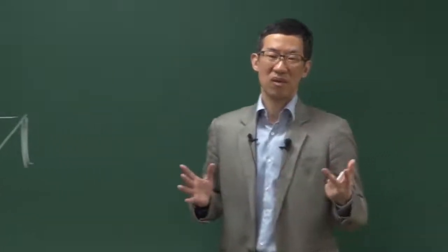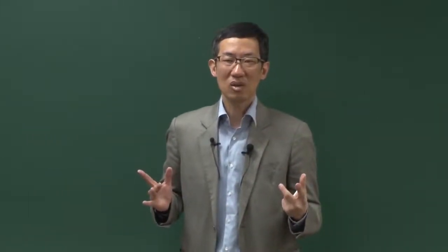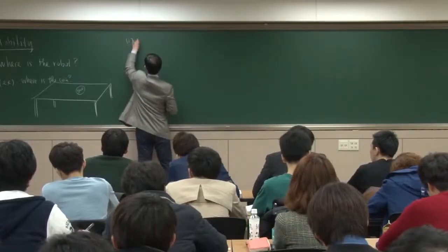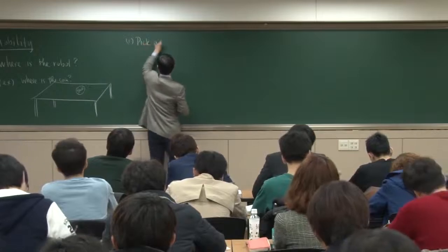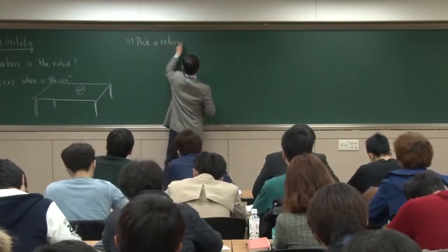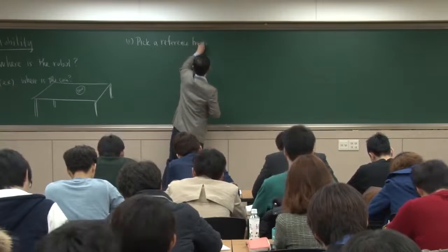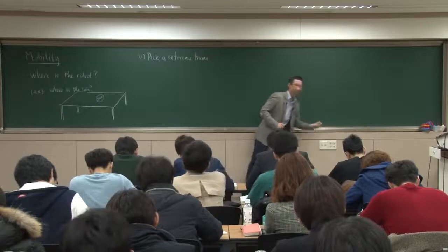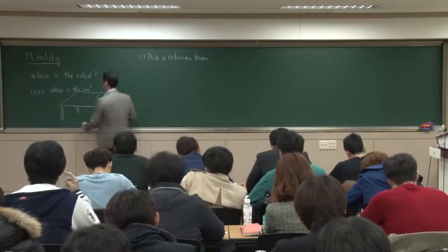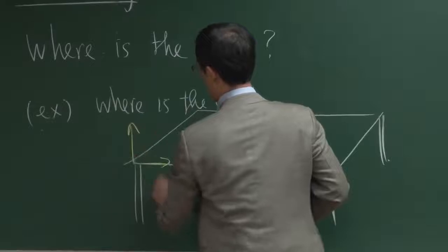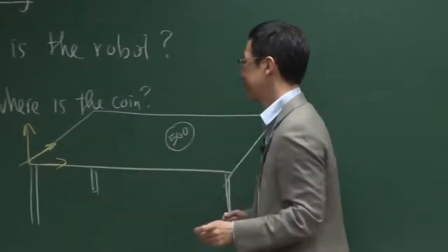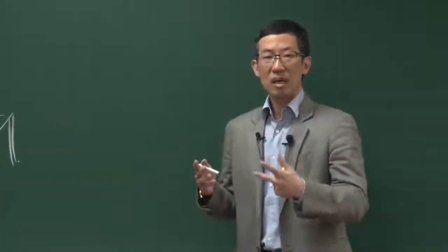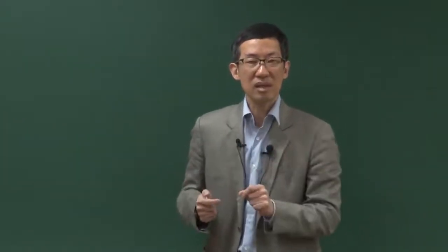First thing to do is to pick a reference frame. So let's pick one. Let me draw it here. And now we have to pick some points on the coin.